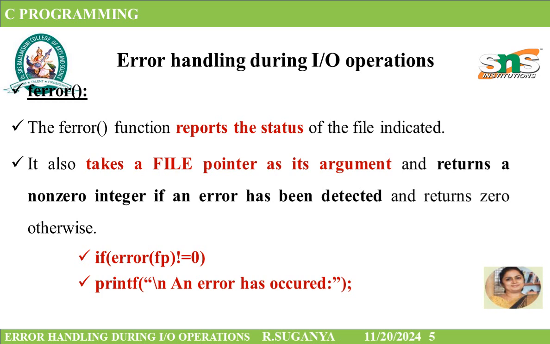So here we can see the ferror function takes a file pointer, that is fp, as its argument. It returns a non-zero integer if an error has been detected, otherwise it returns 0. So if ferror of the file pointer is not equal to 0, then an error has occurred.